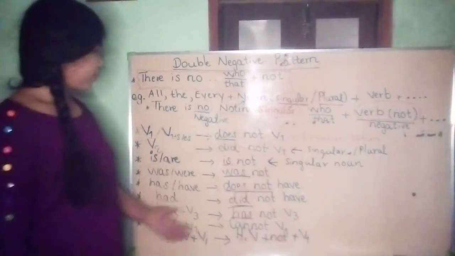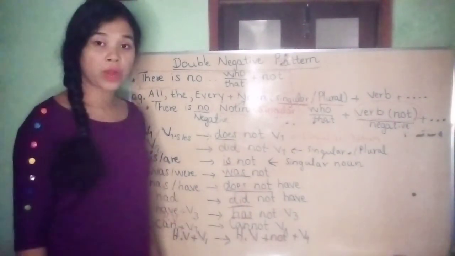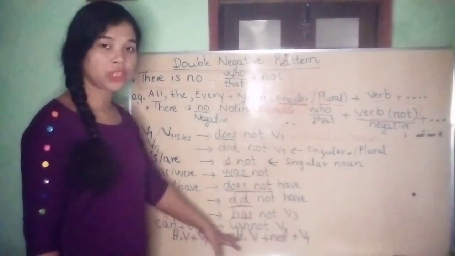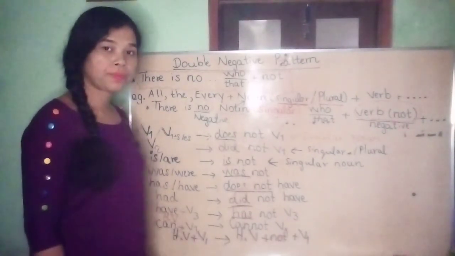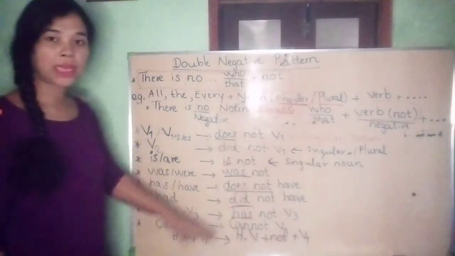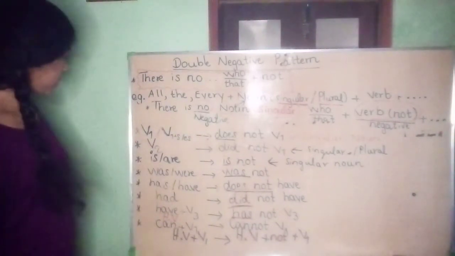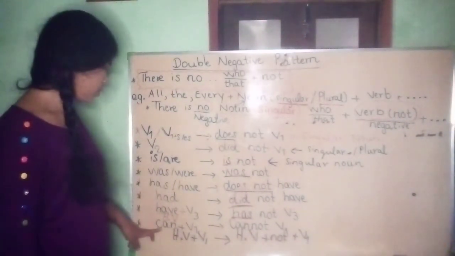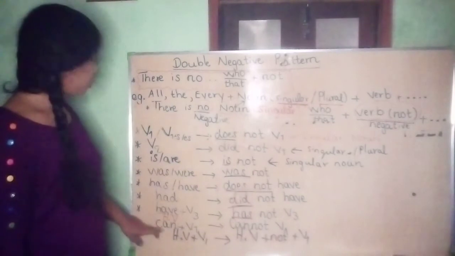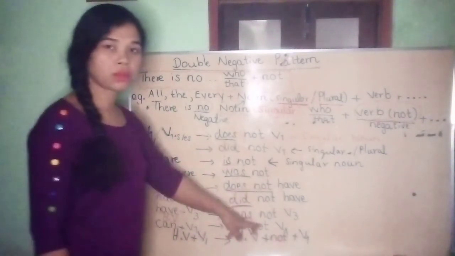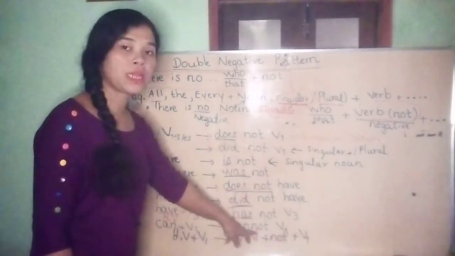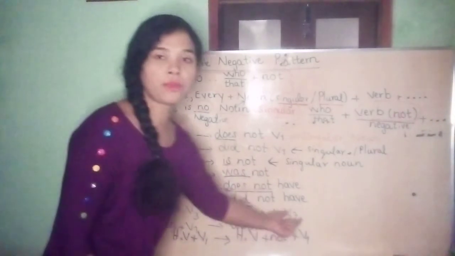This is the easiest for students to change the sentence. If you see can, you need to change it to cannot. Not is added between the helping verb and verb 1.